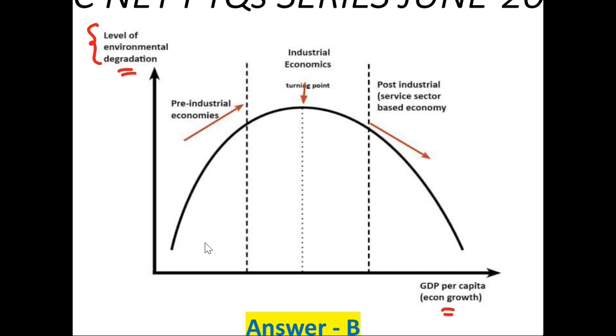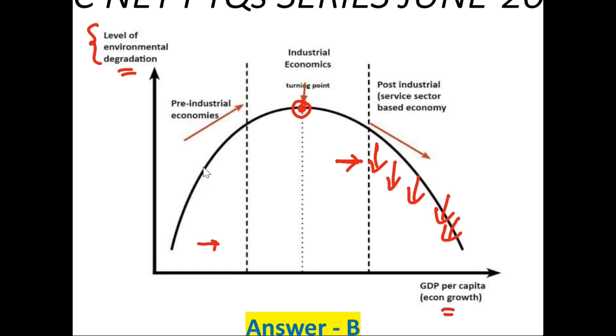If GDP increases, then the level of environmental degradation also increases, but after a certain point, known as the turning point, if GDP increases, then environmental degradation decreases.